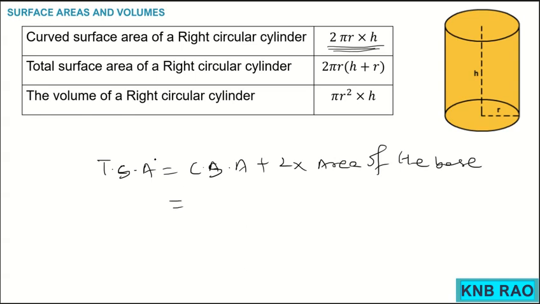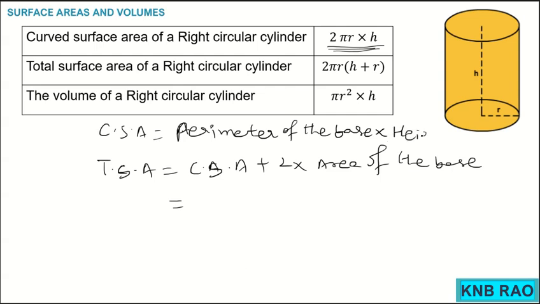where curved surface area we learnt in class 8 as perimeter of the base into height. That's how 2 pi r is the perimeter of the circular shape.